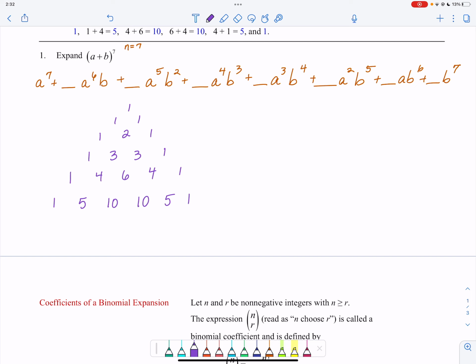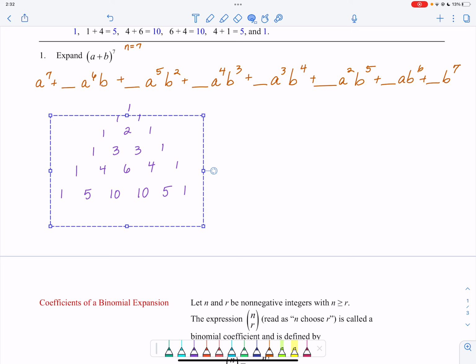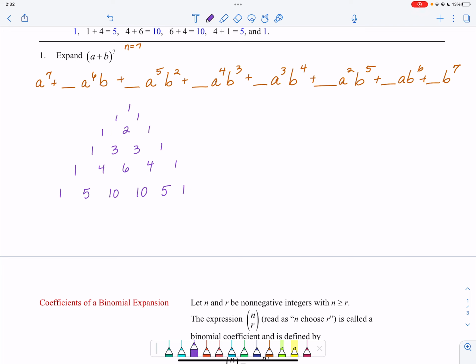And we need to get to 7. And finally, we get to the 7. And that 7 is what we were looking for right here. And so now we have our coefficients.